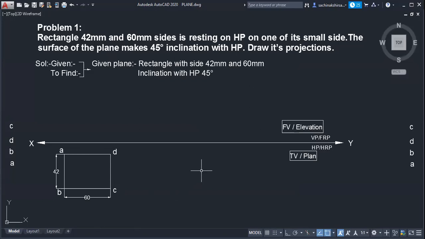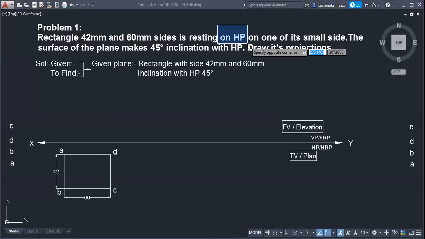Guys, answer. Because in the problem statement it is mentioned that a rectangle of 42 mm and 60 mm sides is resting on HP, because it is on HP as mentioned. Are you getting why I have drawn the true shape as a top view or in HP?